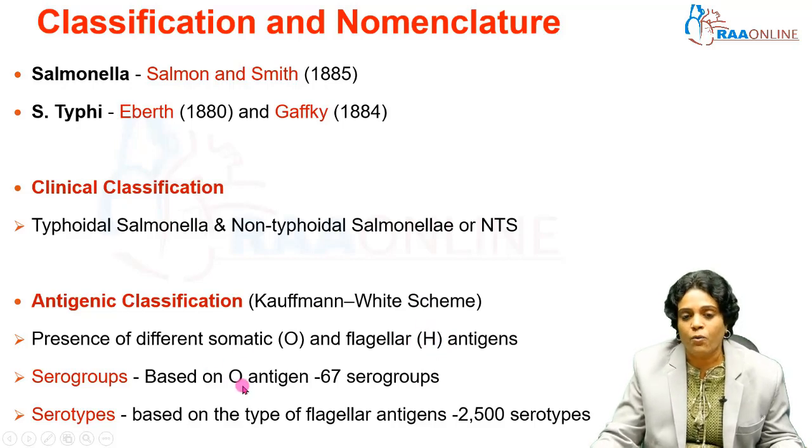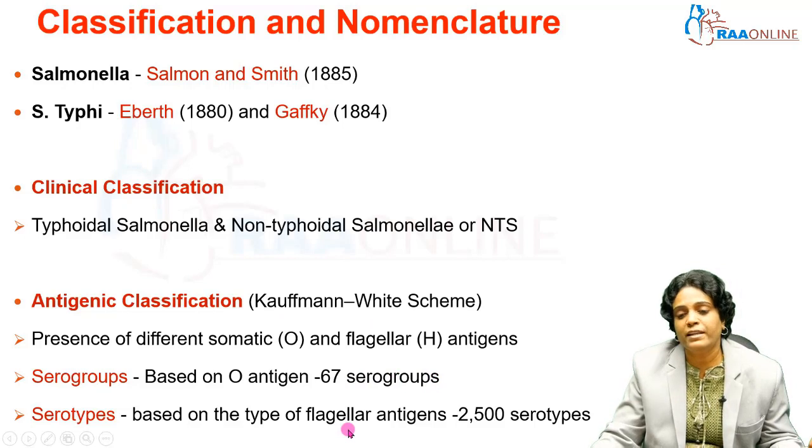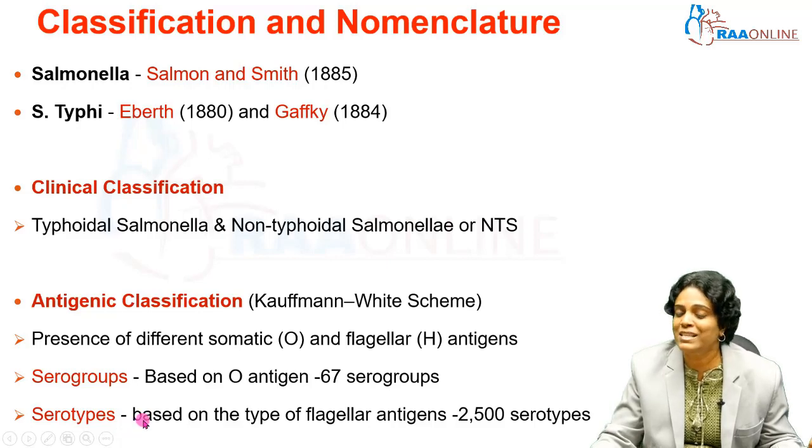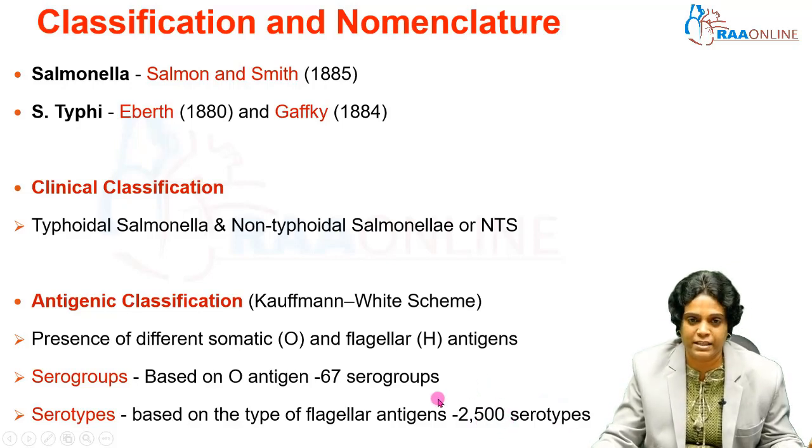Based on differences in the O antigen, we classify the genus Salmonella into various serogroups. Totally there are 67 serogroups, and based on differences in the flagellar H antigen, they are further classified into serotypes. Totally there are 2,500 serotypes that exist in nature.